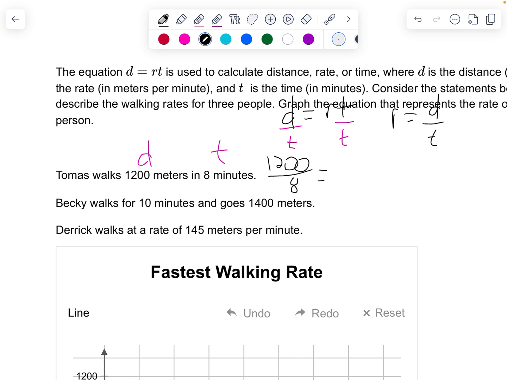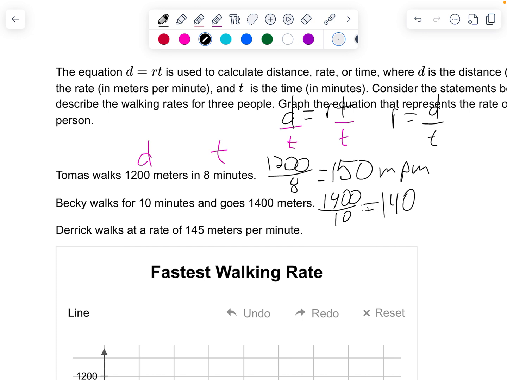1,200 divided by 8, I'm doing in my head, 150. Okay, so you get 150 meters per minute. Okay. Over here, you got 1,400 meters in 10 minutes. So when you divide it, 1,400 divided by 10 is 140.